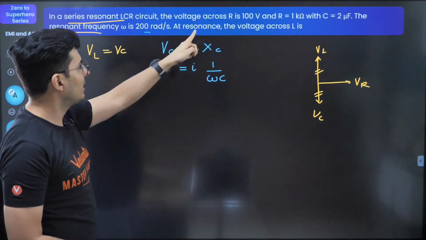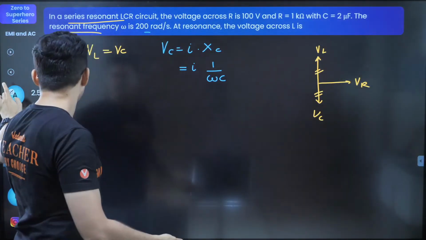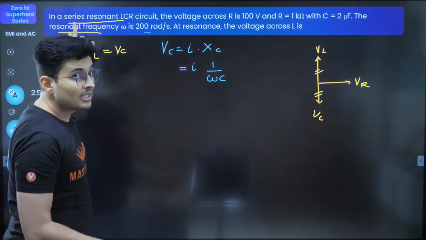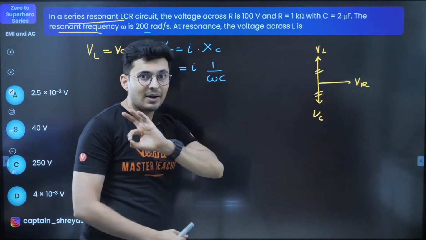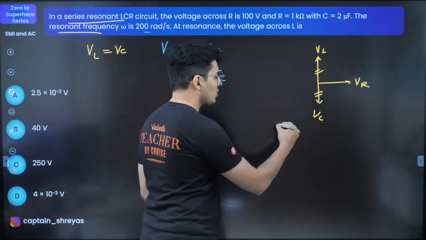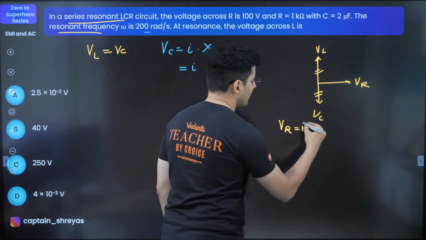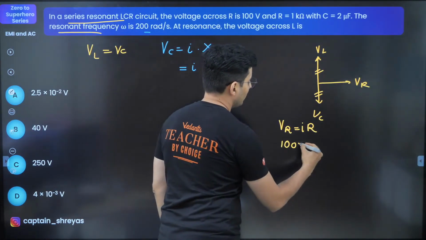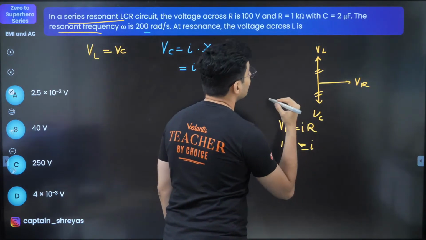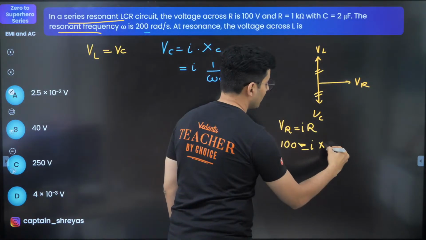But I know resistance. I know the voltage across the resistance. And I know in series current is the same. Be it this or this, all the elements have the same current. So voltage across the resistor is current into the resistance. Voltage is 100. Current I do not know. Resistance is 1 kilo, that is 10 to the power 3.